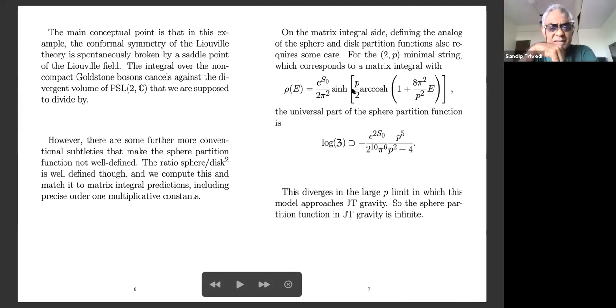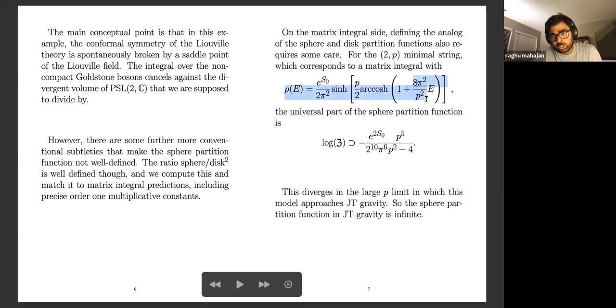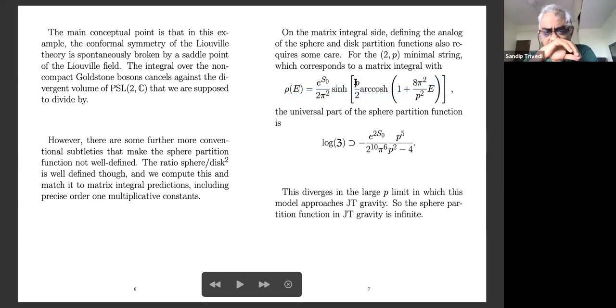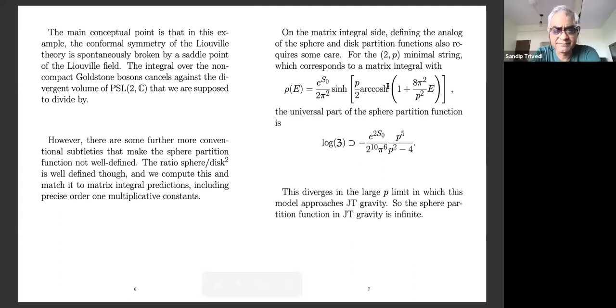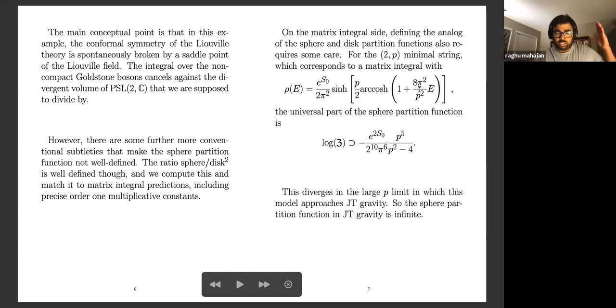It's a sinh of p arccosh. So this is some polynomial, but there is this 8 pi squared over p squared here, and it's there to cancel this p outside, because you want the p to infinity limit to be smooth, to be able to talk about JT gravity and the square root edge.